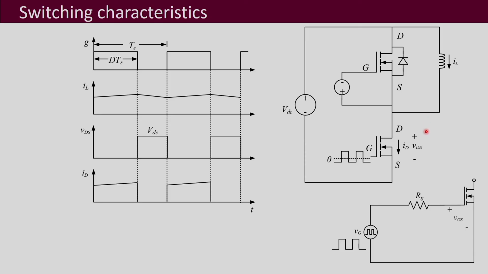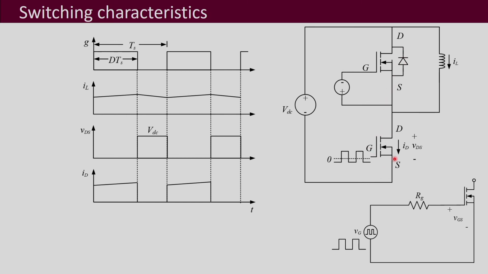To understand the switching characteristics of MOSFETs, the type of circuit that can be used is shown here. This is one leg of an H-bridge, and the body diode of the MOSFET is shown explicitly.